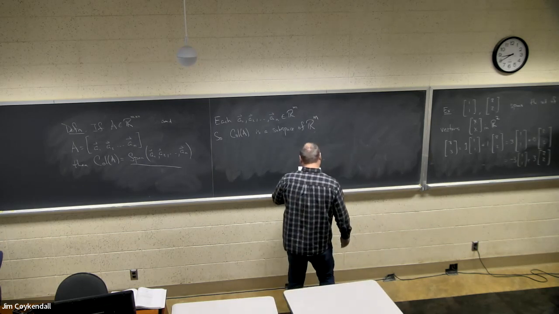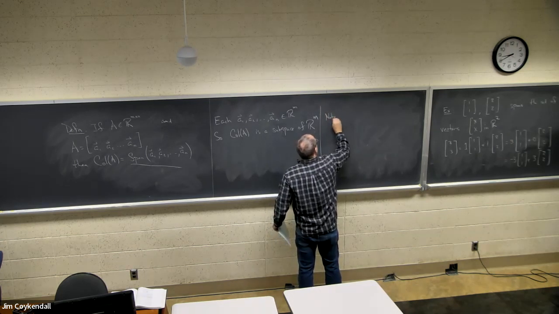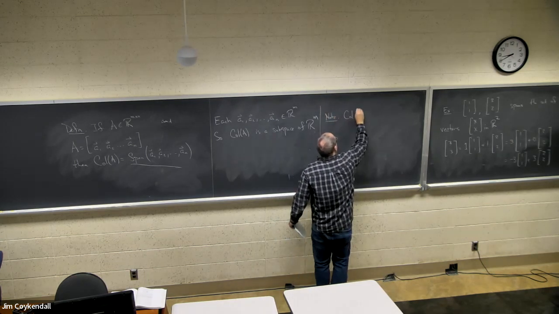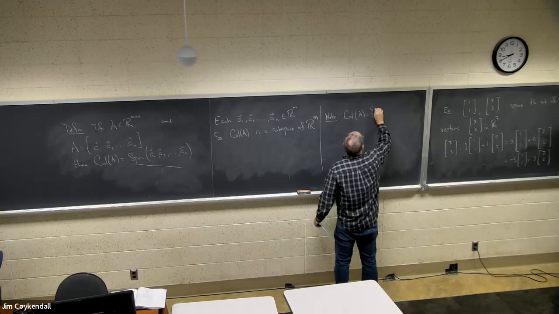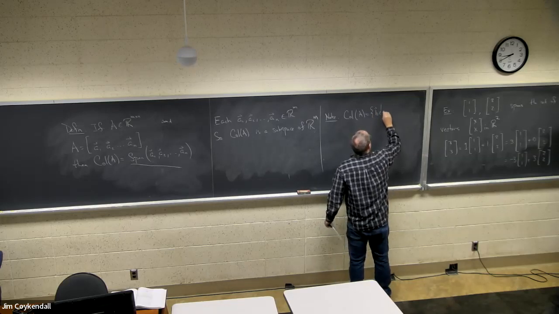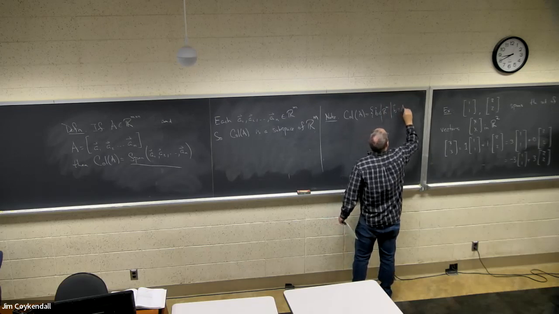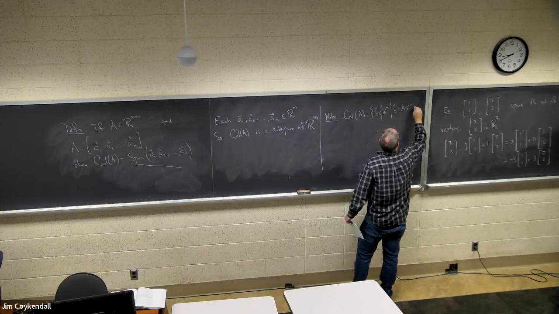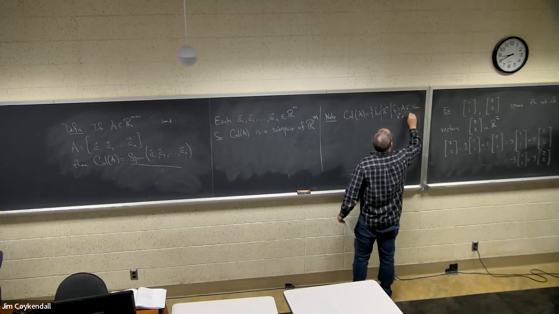Let me point out, note, the column space of A is the same thing as the set of vectors b in R^m such that b is equal to Ax for some vector x in R^n.